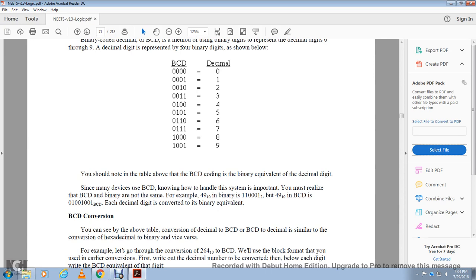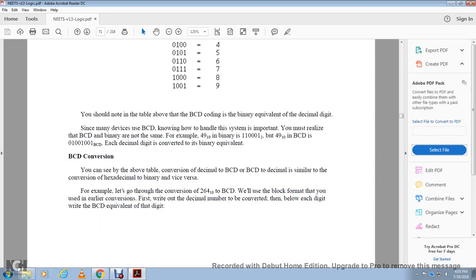In our example, the decimal 49 in binary is 110001, while in BCD it would be 0100 and then 1001, or 01001001. Each decimal digit is converted to its binary equivalent.